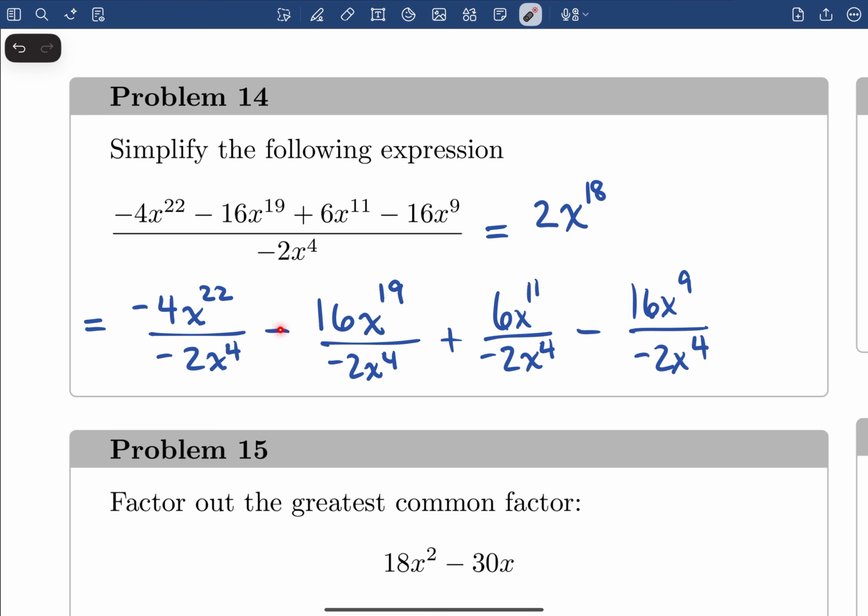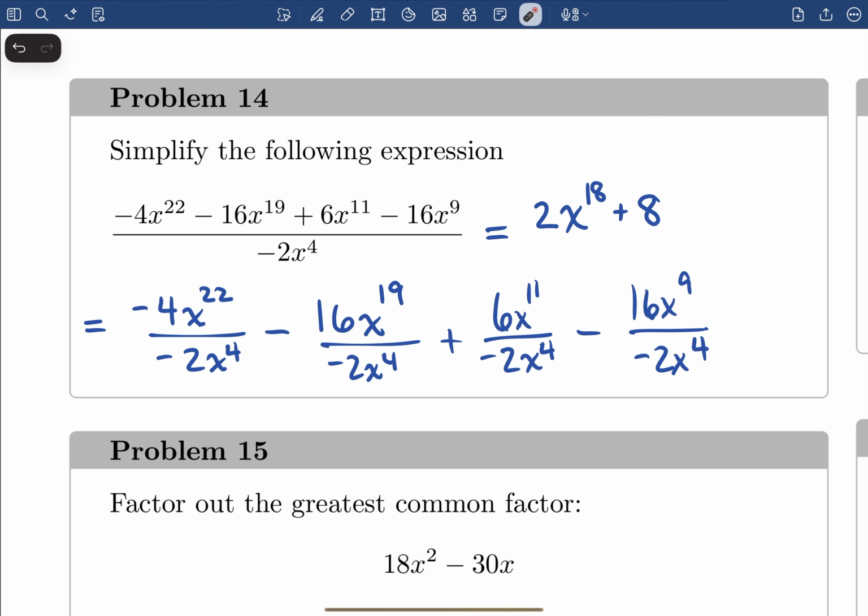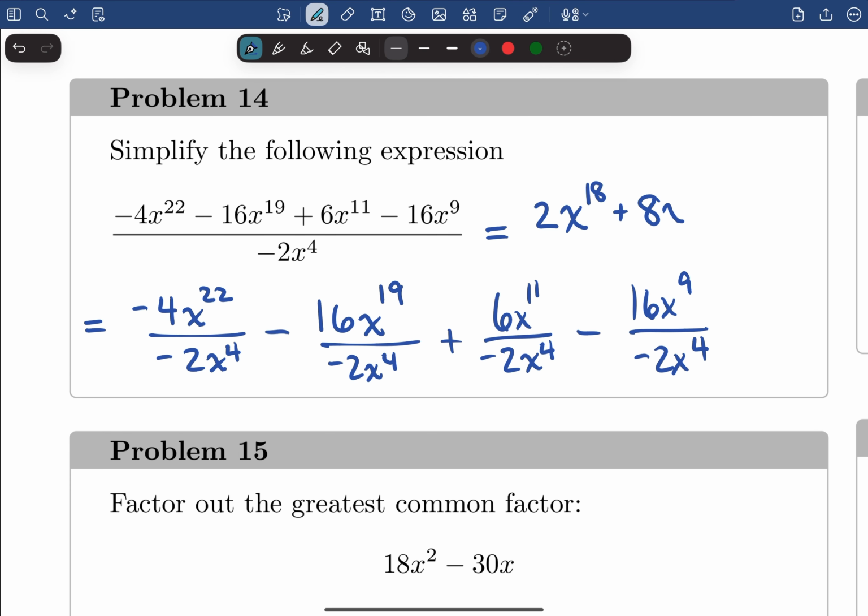But there's a minus sign here already, so if I subtract a negative 8, that's like adding 8. So I get a plus 8 there. Be careful with your signs, right? 16 divided by negative 2 is negative 8, but there's a minus here, so minus a negative 8 becomes a plus 8. Now, x to the 19th divided by x to the 4th equals x to the 19 minus 4. This is the quotient rule, x to the 15th, because 19 minus 4 is 15.